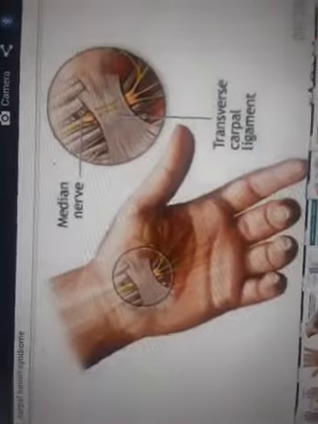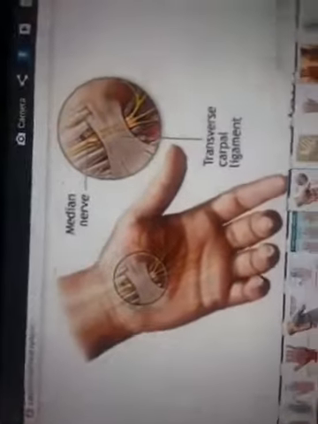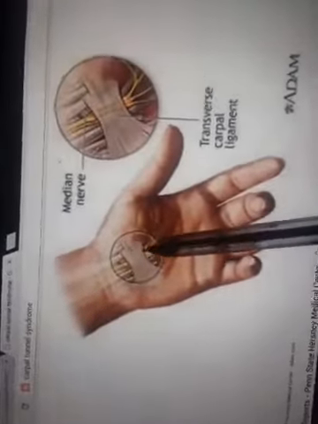So just a picture of what I'm talking about will give us a very good understanding of what I'm saying. Yes, so this is a presentation. Okay, so as we said, we talked about the transverse carpal ligament.